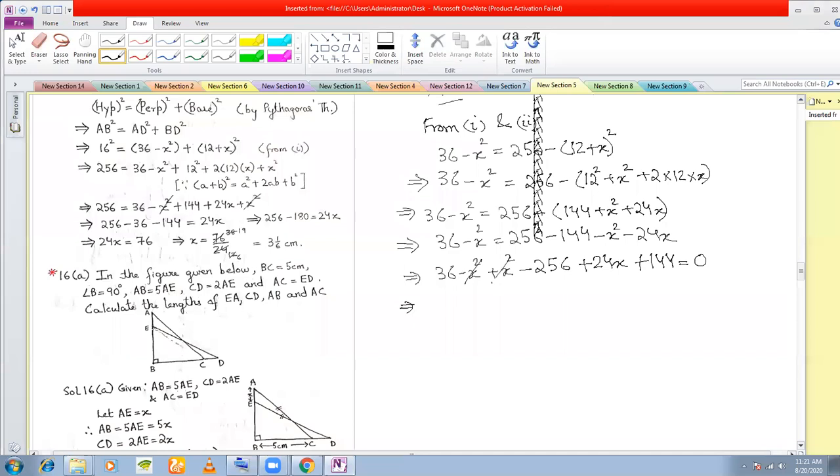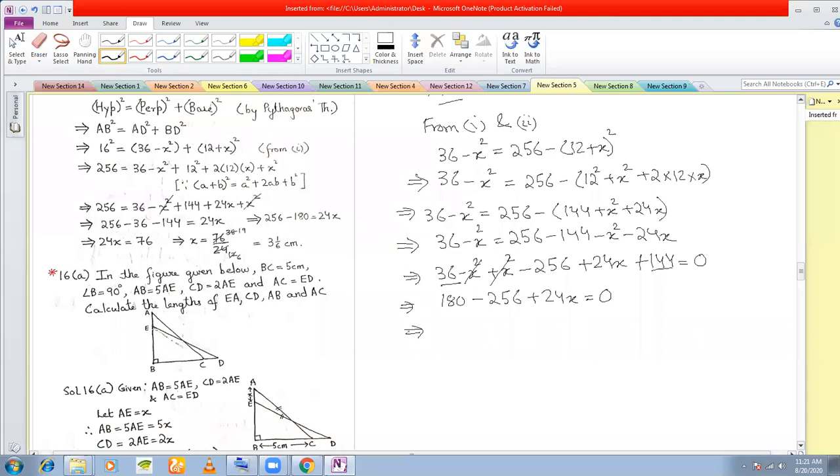So this x square cancels. And you get 36 plus 144, which is 180, minus 256 plus 24x is equal to 0. Maybe let's simplify this a little.